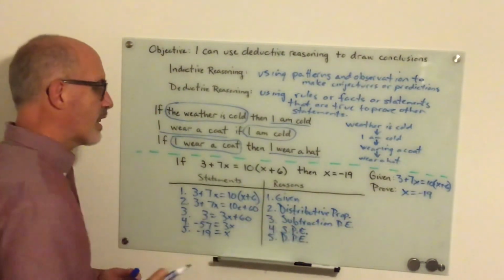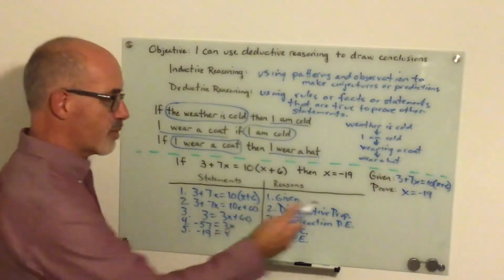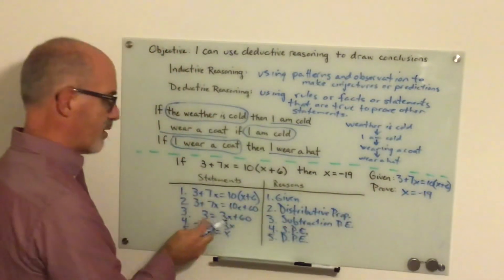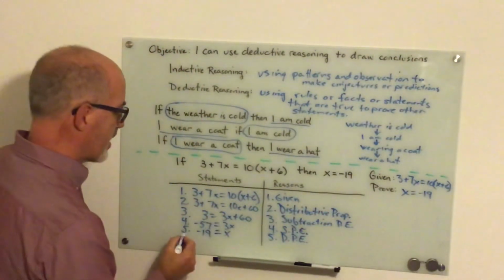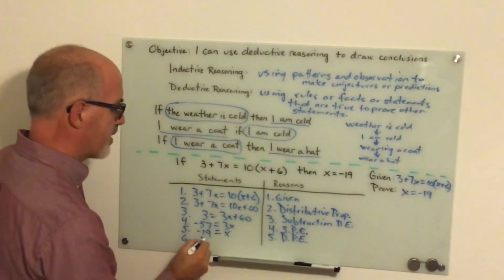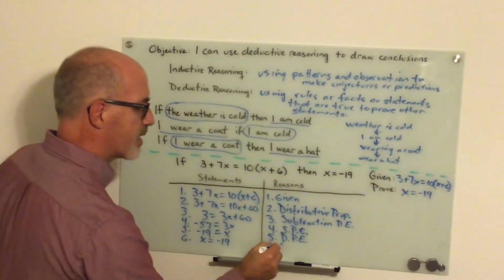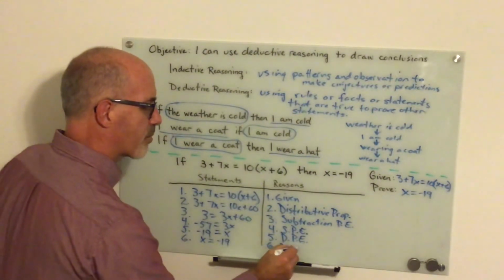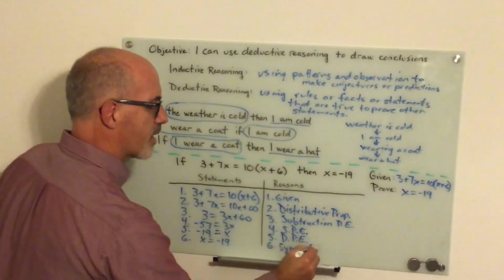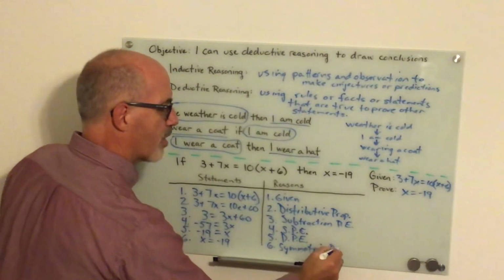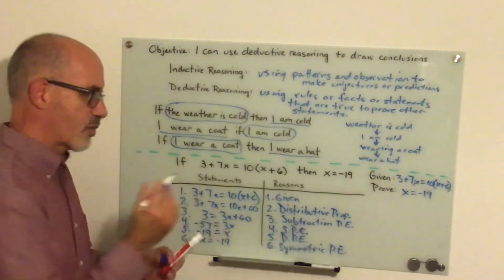Then our very last statement here, because we want to prove x equals negative 19 and we've got negative 19 equal to x, let's have them swap sides. Let's have x equal to negative 19. And the reason why we can say that is our symmetric property. Okay, so we have a symmetric property of equality that can tell us that they can swap sides.